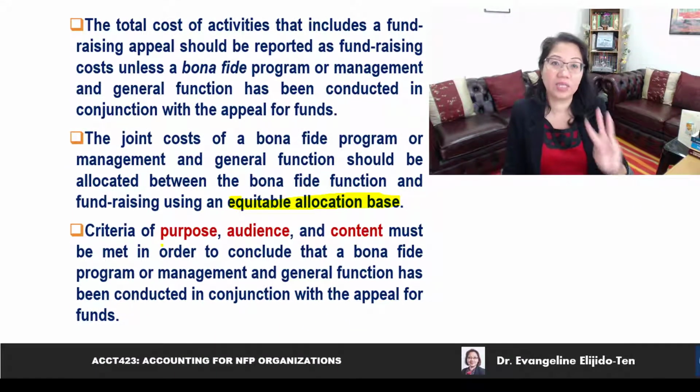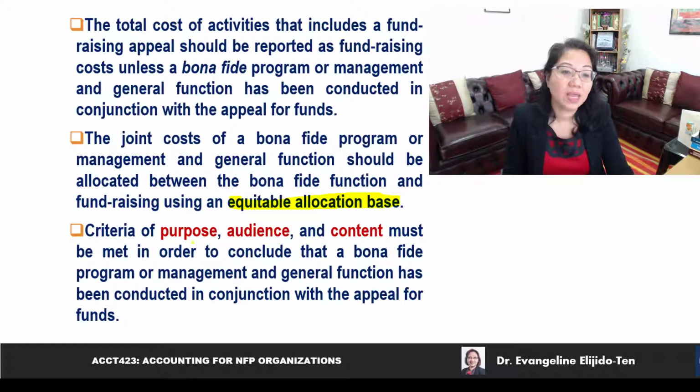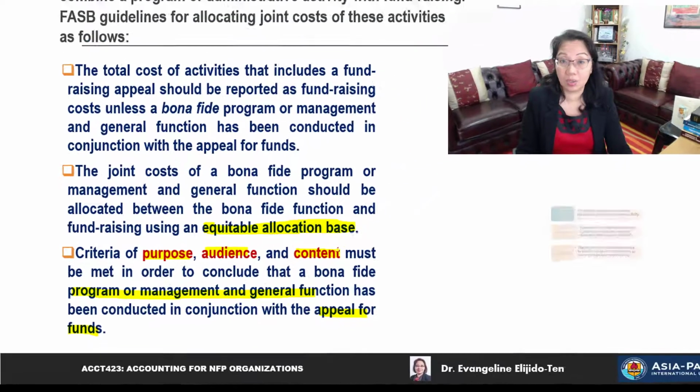Now, there are three criteria that must be met in order to conclude that a bona fide program or management and general function has been conducted in conjunction with the appeal for funds. So what are these three criteria? The criteria for purpose, audience, and content.